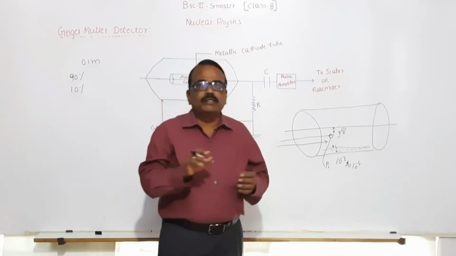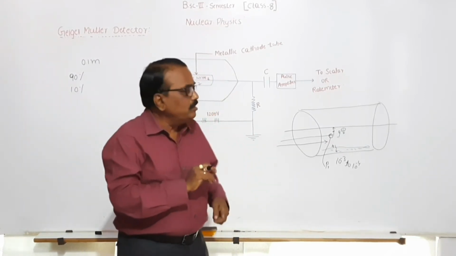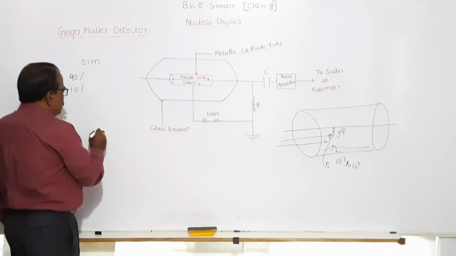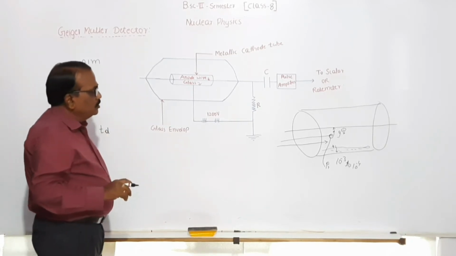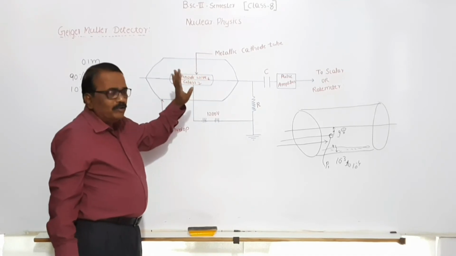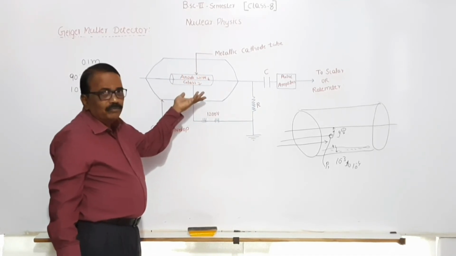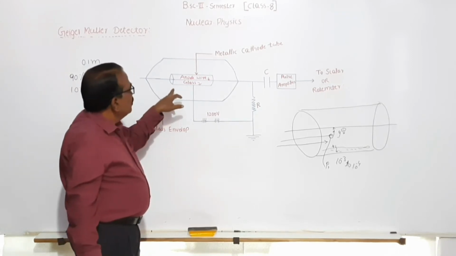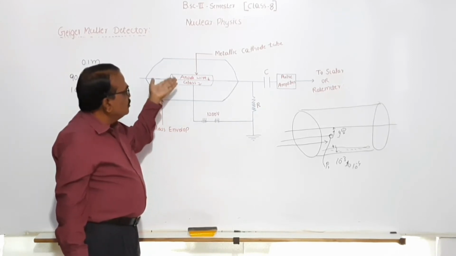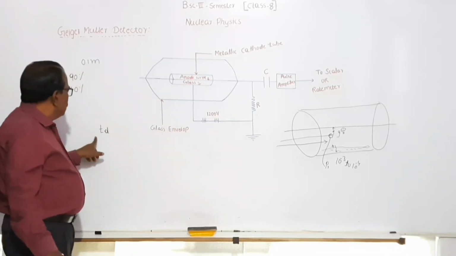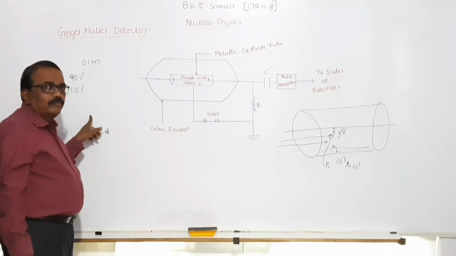Then the tube becomes dead. This is called as dead time of GM tube, represented by TD. So at this stage the field is reduced or totally zero, and this tube becomes inactive during the dead time period TD.